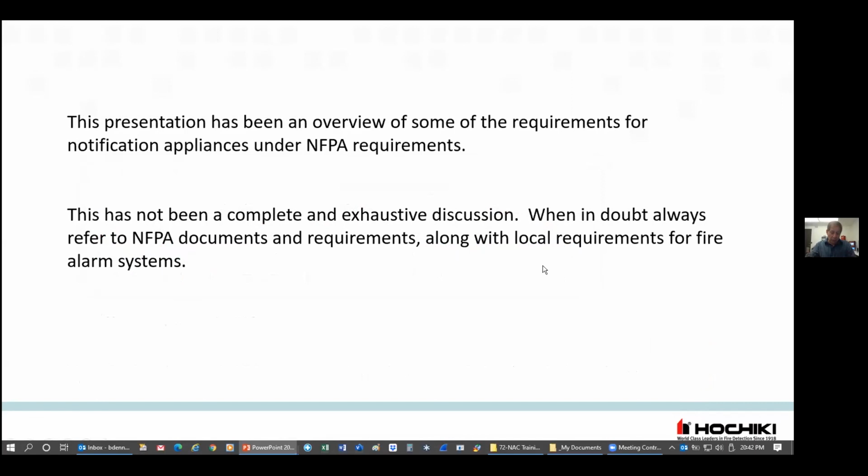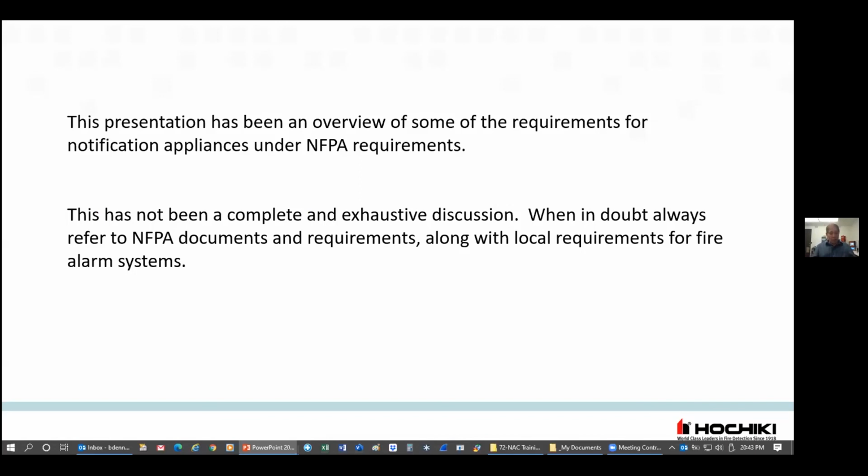So that really brings us to the end. As I said at the start, this is an overview, an introduction to the requirements for notification appliances under NFPA requirements. It has not been a complete discussion.